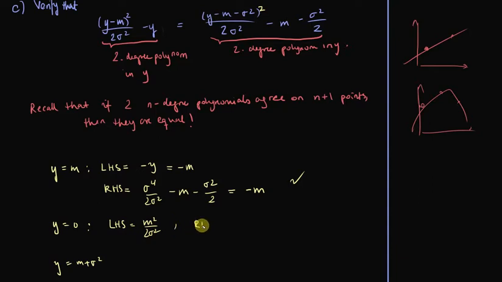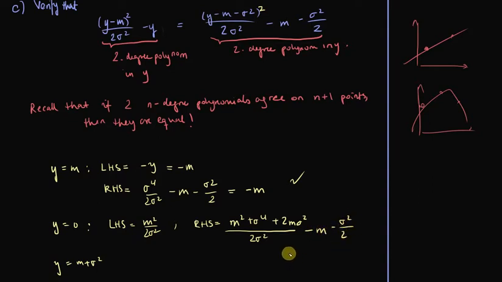And on the right-hand side, what you get is, well, something that seems a bit more complicated, but you have m minus sigma squared, so that is equal to m squared plus sigma to the 4th plus 2m sigma squared divided by 2 sigma squared minus m minus sigma squared halves.